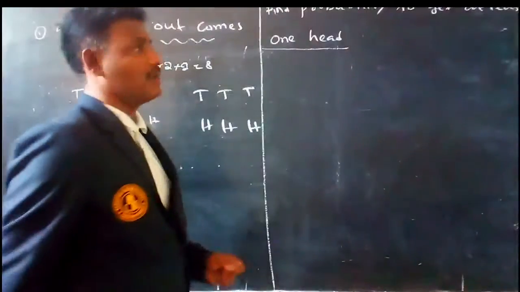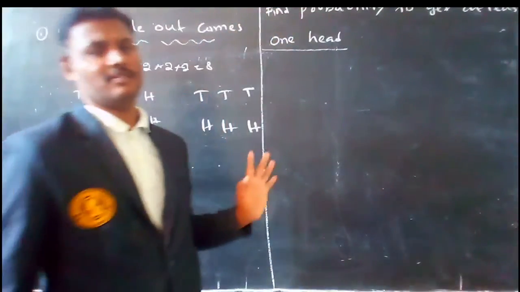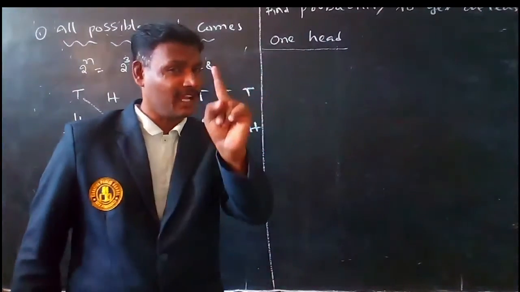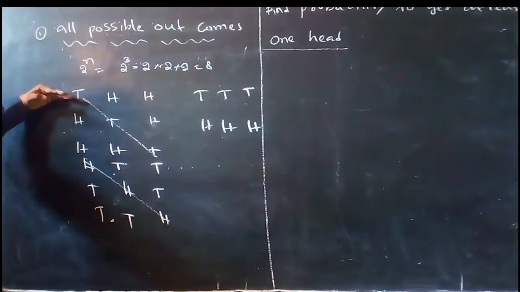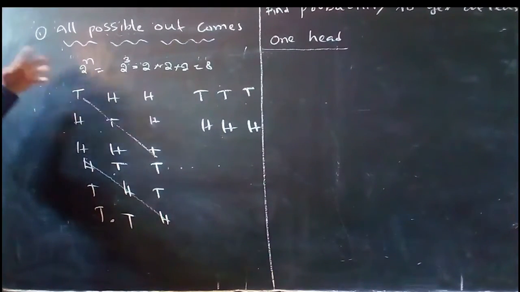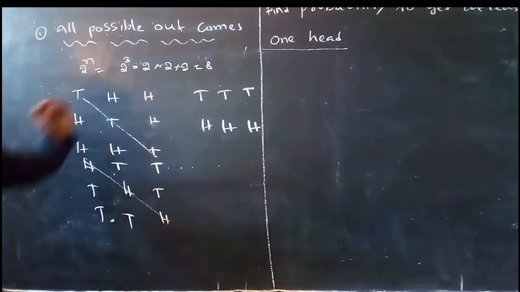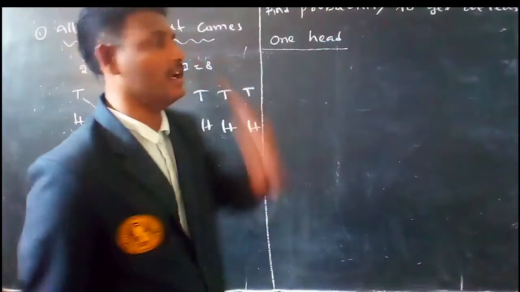To find the solutions of given problems: find the probability to get at least one head. What is the question here? Find the probability to get at least one head. So how many possibilities are there here? 8 possibles. When three coins are tossed simultaneously, there are 8 possible outcomes. So from that you have to find at least one head.